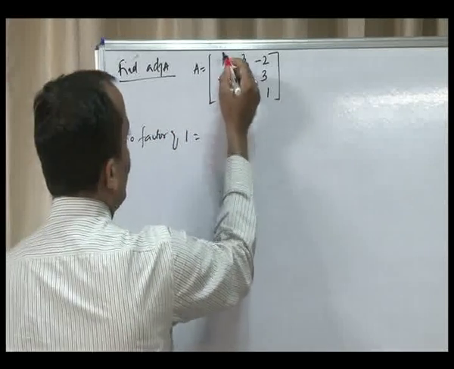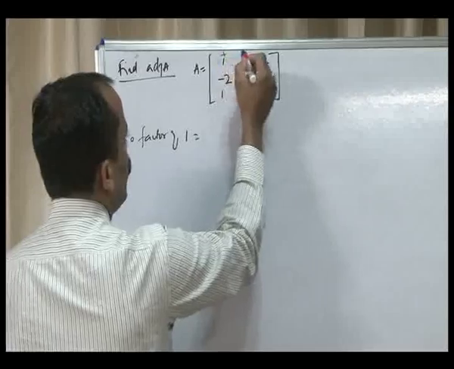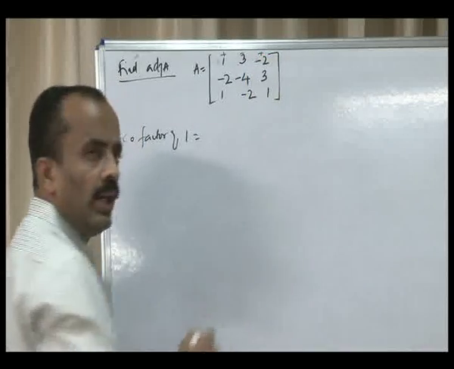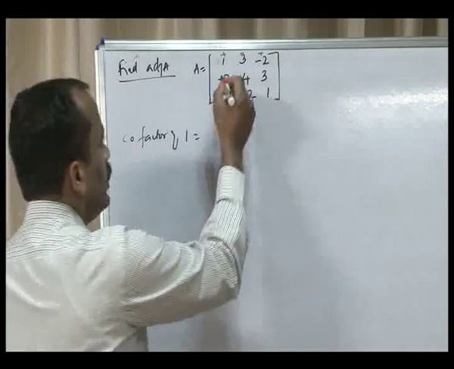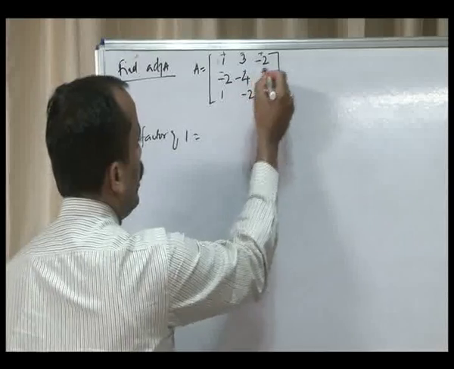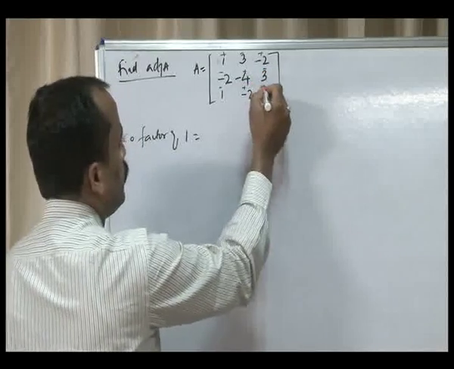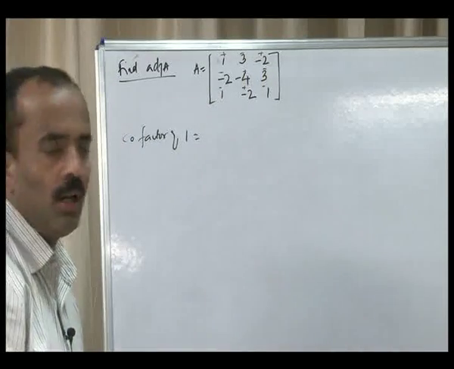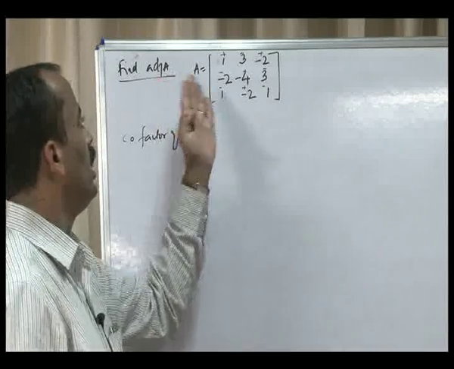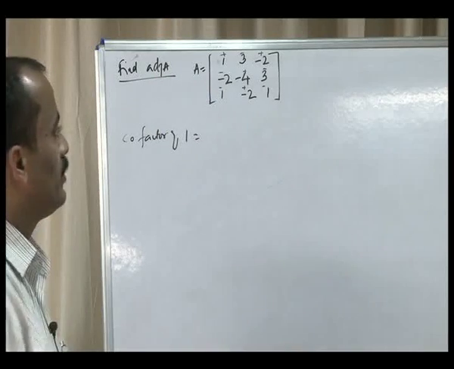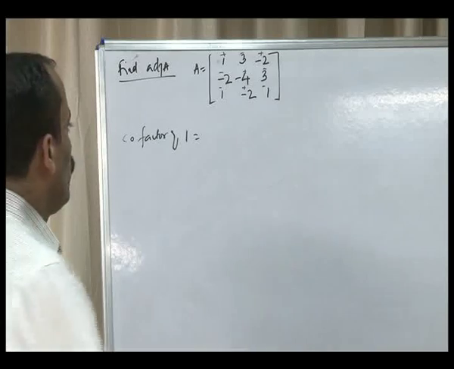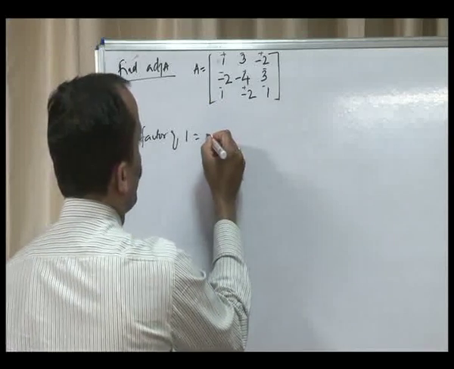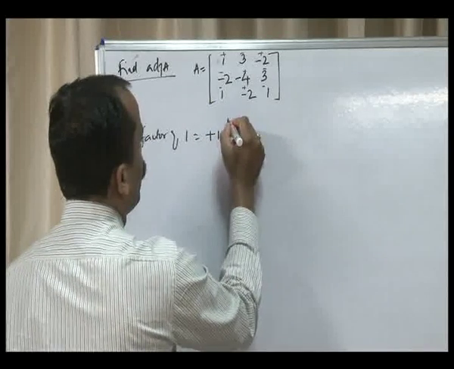I think you are familiar with finding cofactors. We have to multiply each and every element with the proper signs: plus, minus, plus, minus, plus, minus, plus, minus, plus. Cofactor of 1 is equal to plus 1 into.